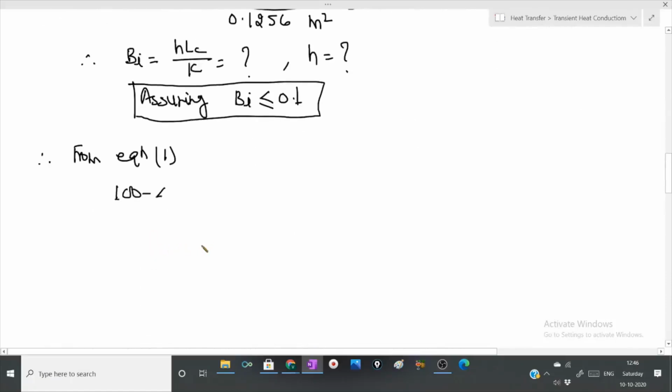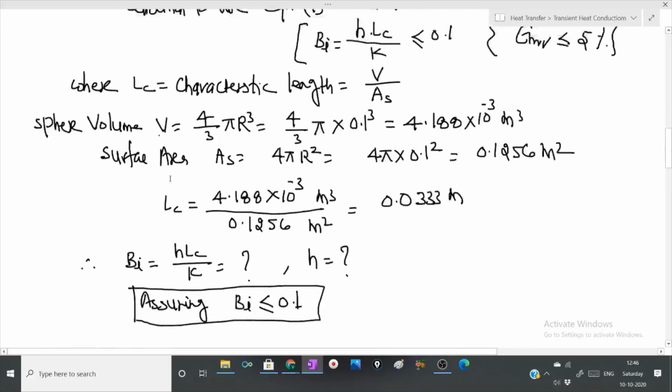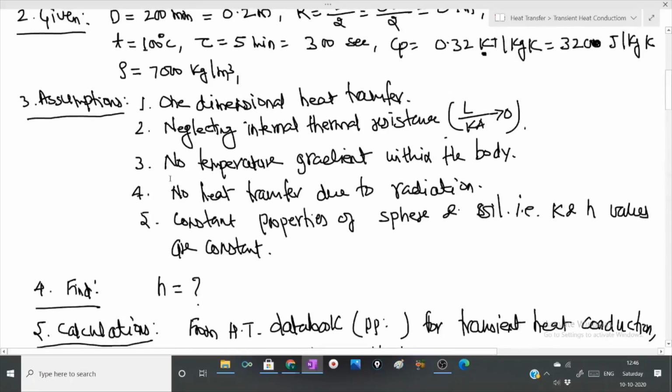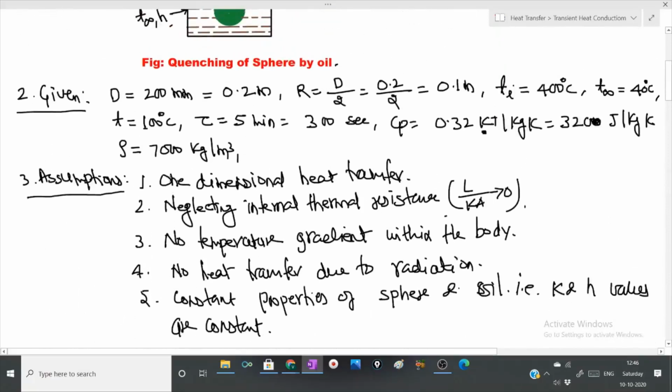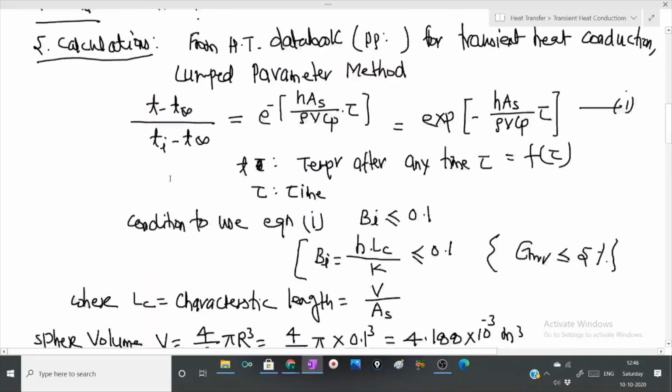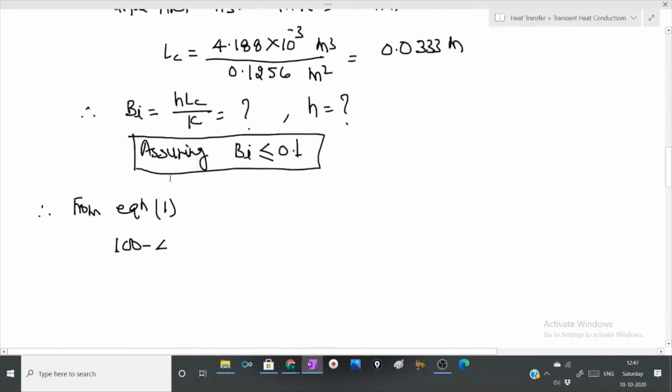T infinity is, I think, 40. Ti is how much? 400, and T infinity is 40.